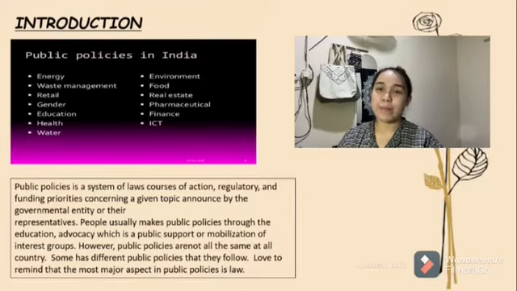People usually make public policies through education, advocacy, which is public support or mobilization of interest groups. However, public policies are not the same in all countries. Some have different public policies that they follow.